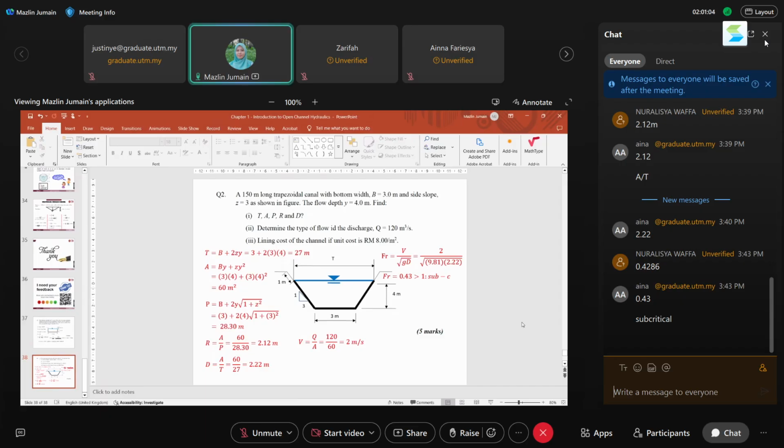And then the last question, the lining cost of the channel if the unit cost is 8 ringgit per meter square.